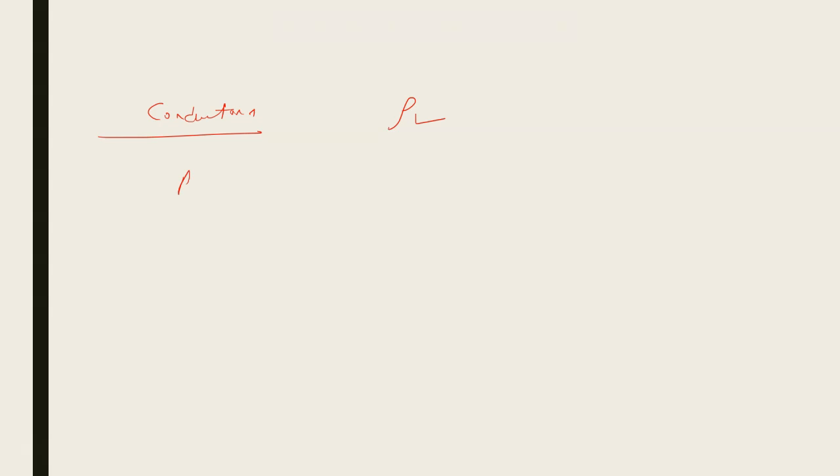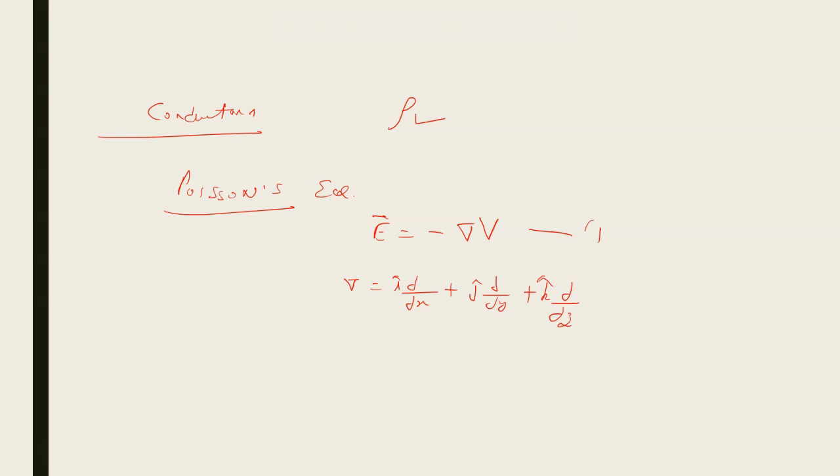First of all, we will discuss Poisson's equation. As intensity of electric field E is related with the potential by this relation, which I have discussed in one of my previous lectures, E is equal to minus del V, that is, E is equal to minus gradient of V, where del is equal to i cap d by dx plus j cap d by dy plus k cap d by dz, known as the del operator.